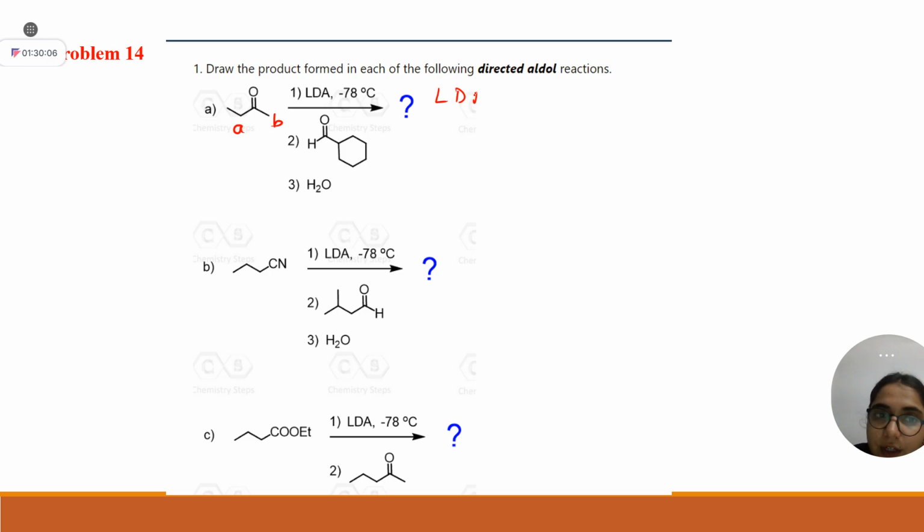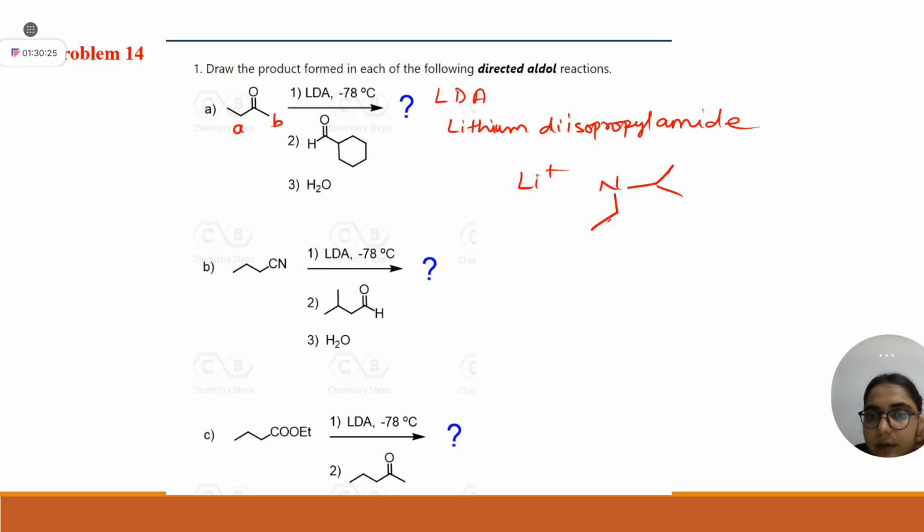You know now what is LDA? Lithium. Yes, ma'am. Okay, I think I have discussed it in the last class. Diisopropyl. What is that? Amide. Yes, ma'am. Lithium positive. This is your bulky base.